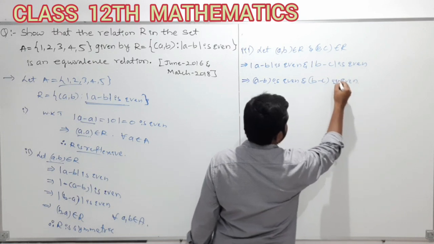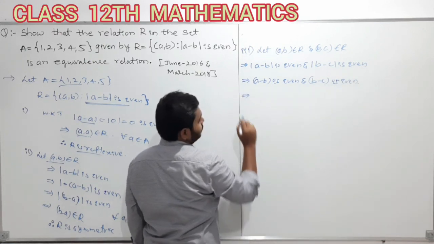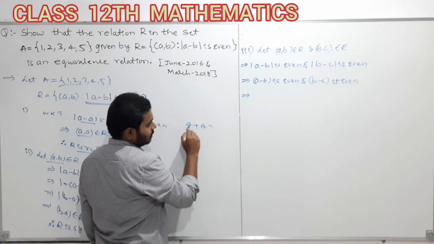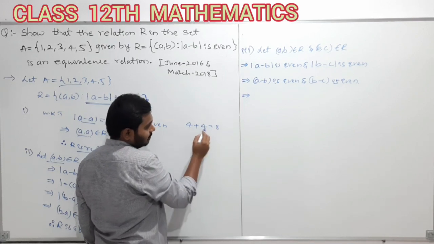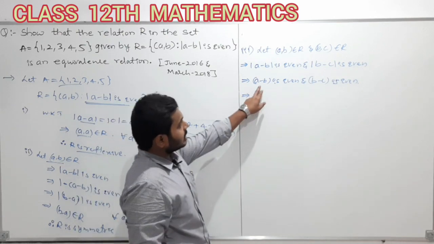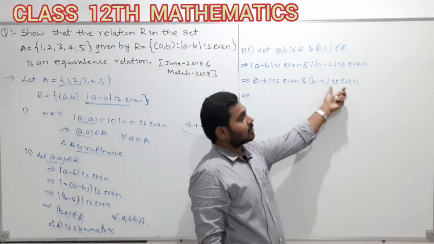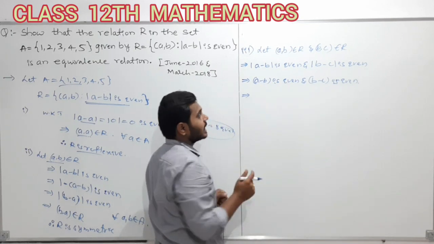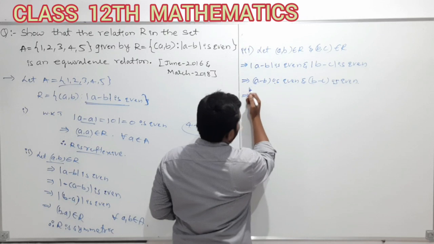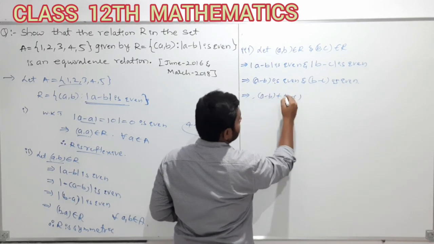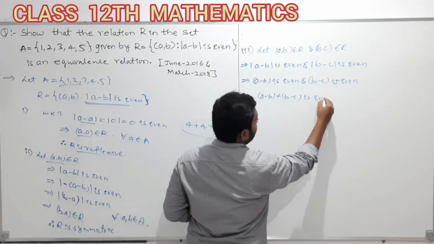Now my dear students, please remember, 4 is even, so even number plus even number is again an even number only. So a minus b is an even number and b minus c is an even number, so the sum of the two will also be even. Here I am going to write a minus b plus b minus c is also even.